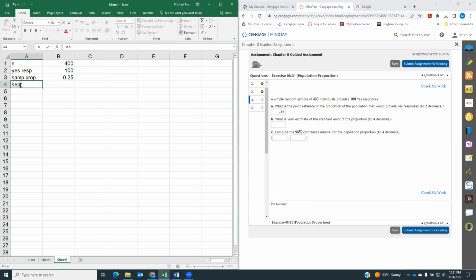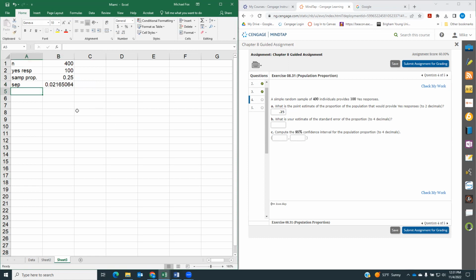So we learned last chapter how to calculate the standard error of the proportion, which is just the square root of P, just the sample proportion, times 1 minus P divided by N. Again, you want to make sure you get all of that in the parentheses so that the square root applies to all of it.